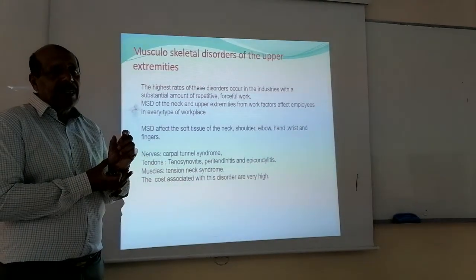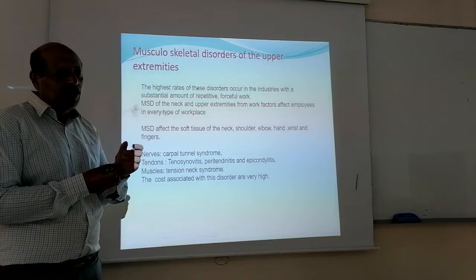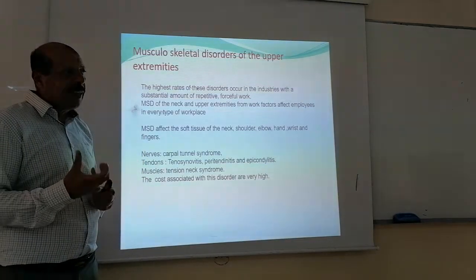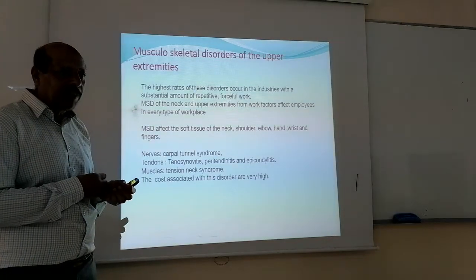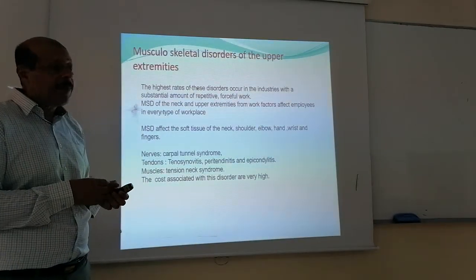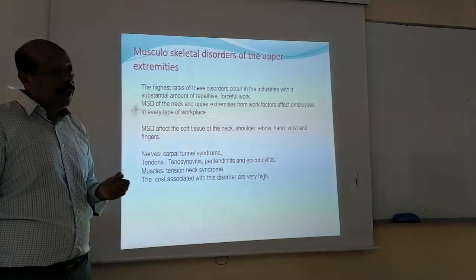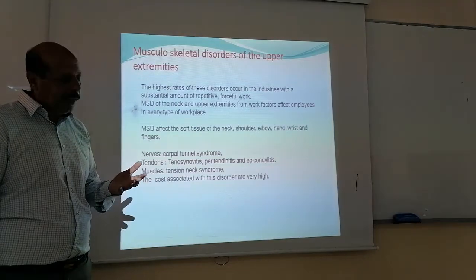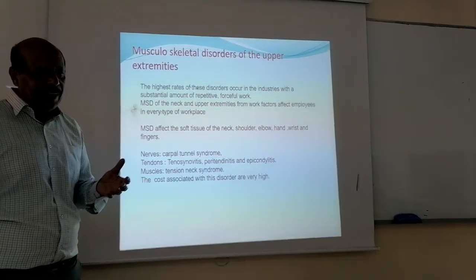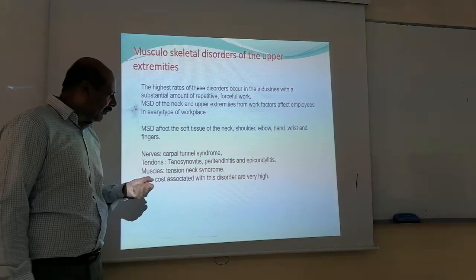In this case, the site becomes tight due to some fibrosis, and it will affect the blood supply to the hand, especially in cold weather. So the client will have pain in his hand and difficulty in using it.